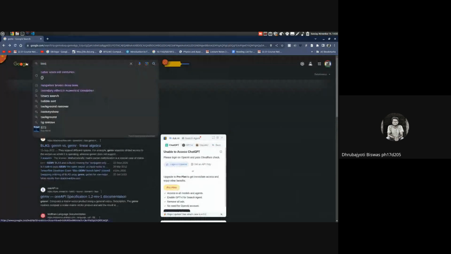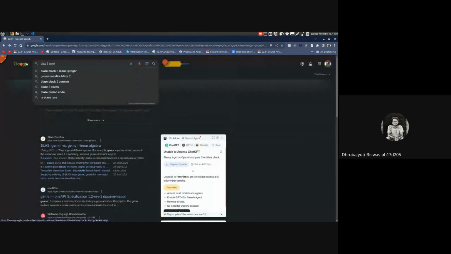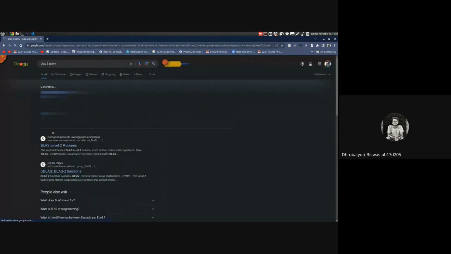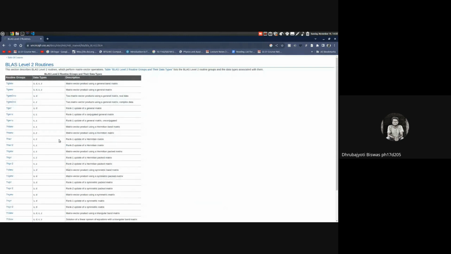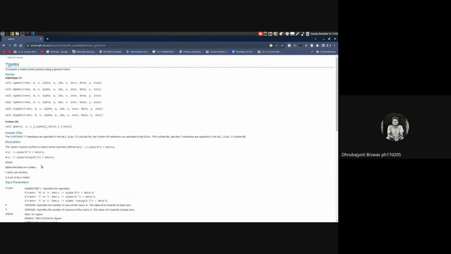These are called BLAS level 2 functions, GEMV. Okay, let's see here. Yeah, you see, so this is like alpha A into X plus beta Y.